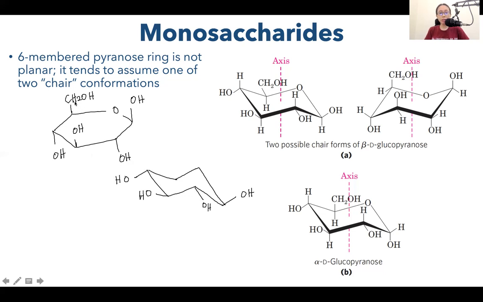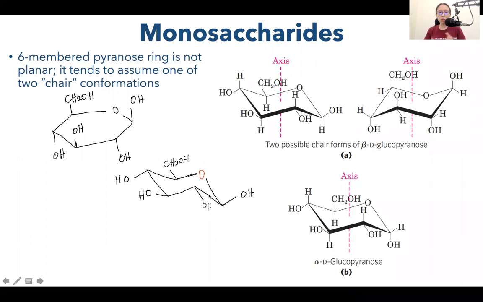And then carbon 6 with this CH2OH is pointing up, so it should be parallel to this one. And just put there our oxygen. So see how we draw the chair conformation by looking at the orientations of the functional groups.